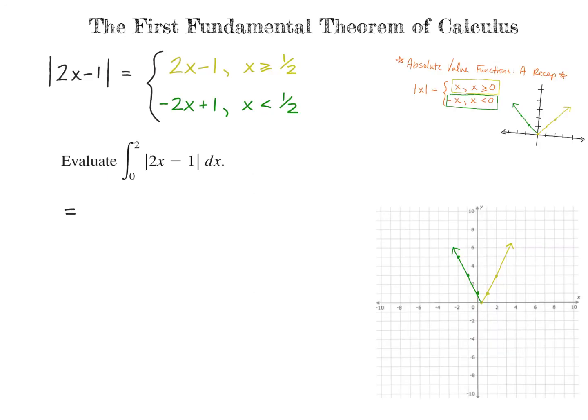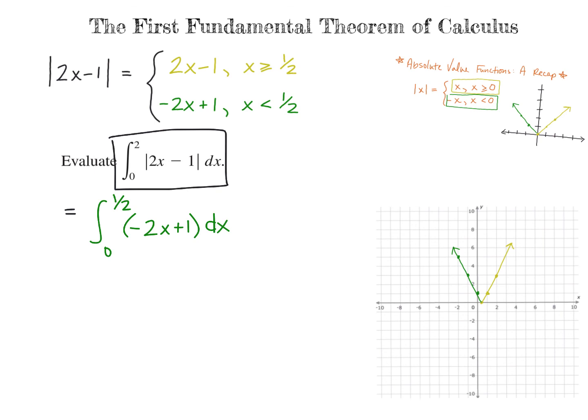So we have that this original integral right here equals the integral from 0 to 1/2 of the left side of the v, which is negative 2x plus 1 dx. Then we need to add the remaining part, which is plus the integral from 1/2 to 2 of 2x minus 1 dx.